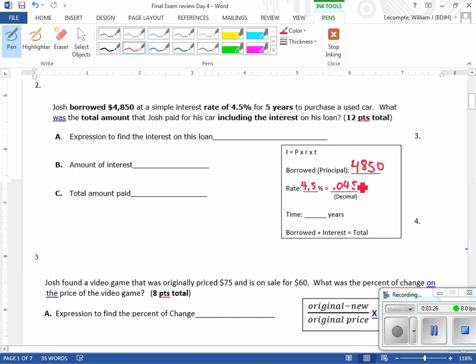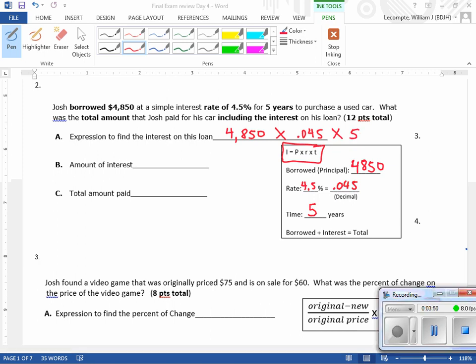And his time, we always put time in years, right? And so that's 5 years. And this is our formula we're going to use. So we're looking for interest, right? And so we're going to take principal, multiply it times the rate, and multiply that times 5 years.